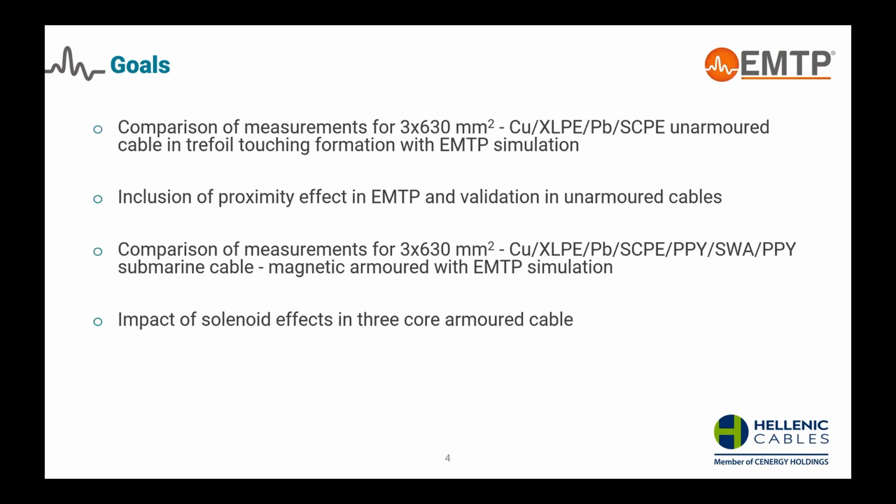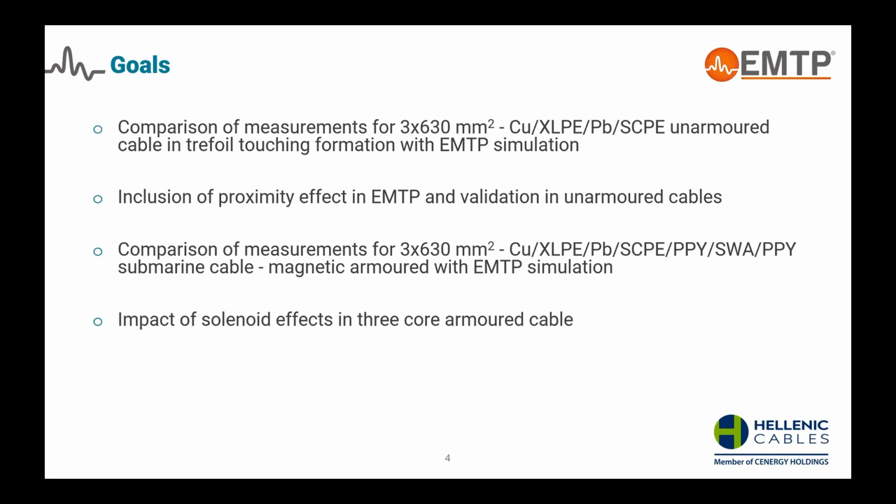Then the results will be compared with EMTP. In that case, because of the inclusion of proximity effect in EMTP, we expect to have a good validation between measurement and simulation.